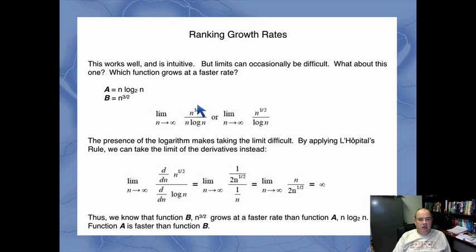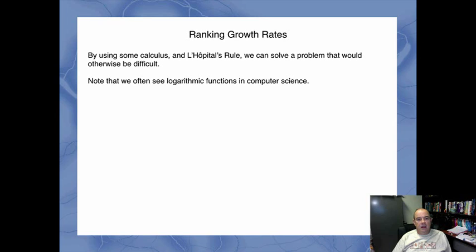N log n is the faster algorithm. So by using some simple calculus, we can solve a problem that would otherwise be quite challenging and quite difficult. This makes it invaluable for analyzing algorithms in computer science. Logarithmic functions are very commonly seen in computer science. We have them a lot, and so this turns out to be a very useful tool.